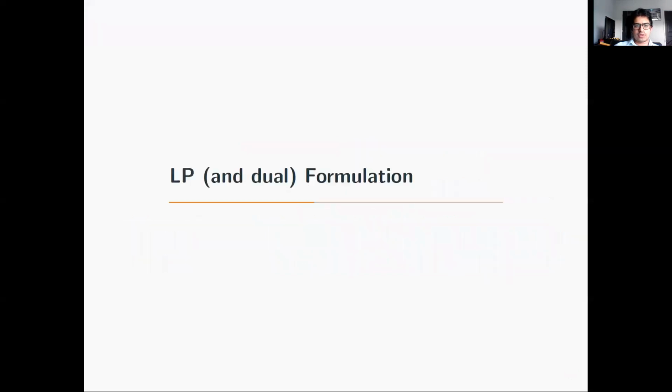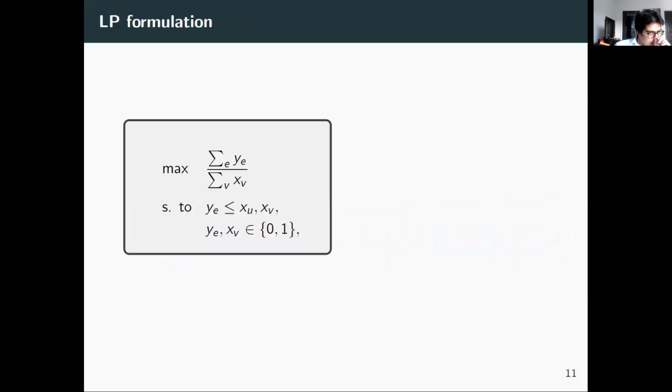All right, so the first thing we'll do is we'll formulate the problem as a linear program, and then we'll talk about how we go ahead and solve it, right? So consider this formulation of the problem. Essentially, ye and xv denote an edge actually being picked in the solution or a vertex actually being picked.